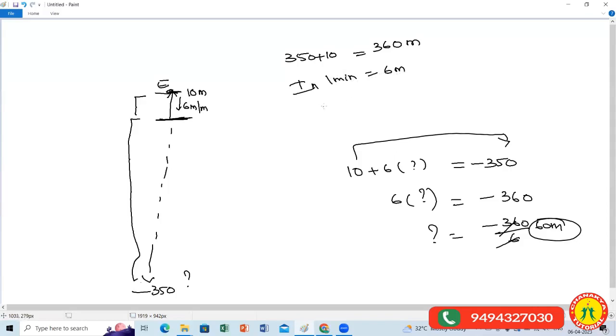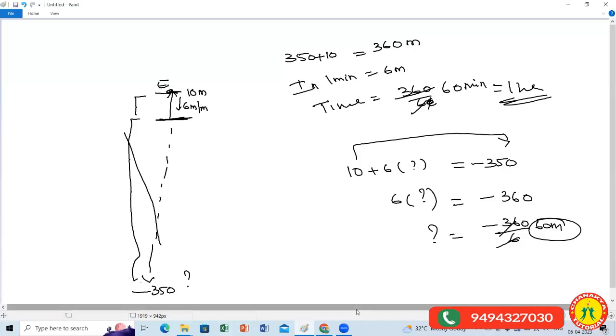So how much time is taken? Time taken is distance by speed: 360 divided by 6, which is 60 minutes. 60 minutes is 1 hour. We should take the absolute value, children. In between distance, if you are calculating, we take only the absolute value. That's about your chapter, children.